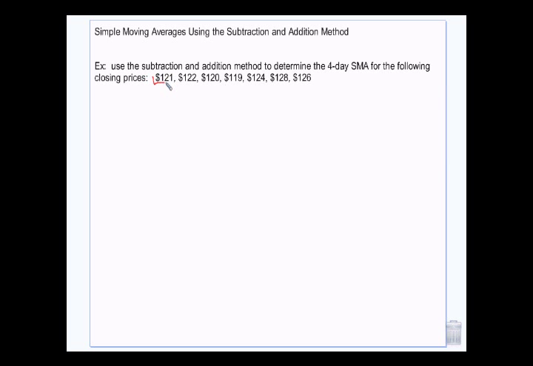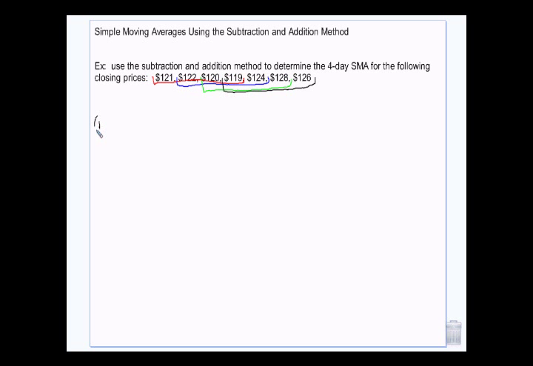First 4 numbers, second 4, third 4, and fourth 4. So I'm going to have 4 groups of 4 on this one.